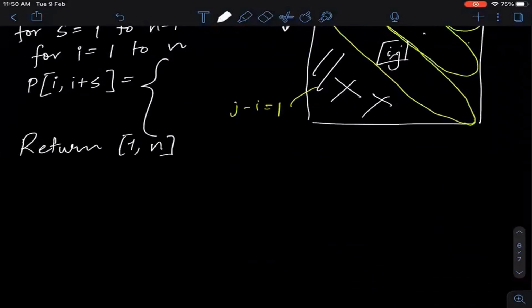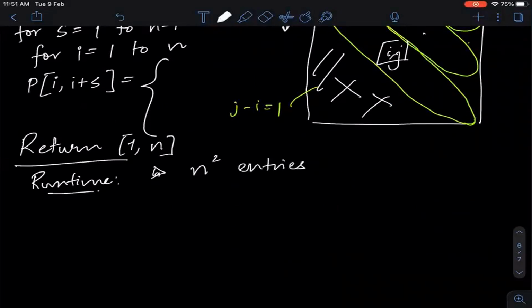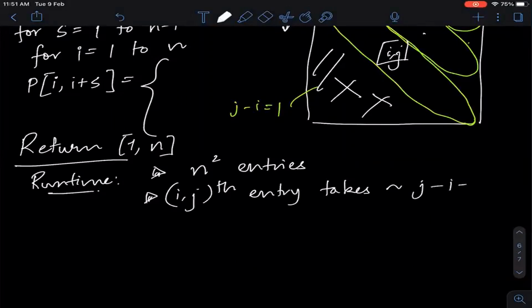So there are n square entries, and the i comma jth entry takes roughly j minus i plus 1 operations. Okay, all these are approximations. As you can imagine, there will be constant factors, but that's okay, right?